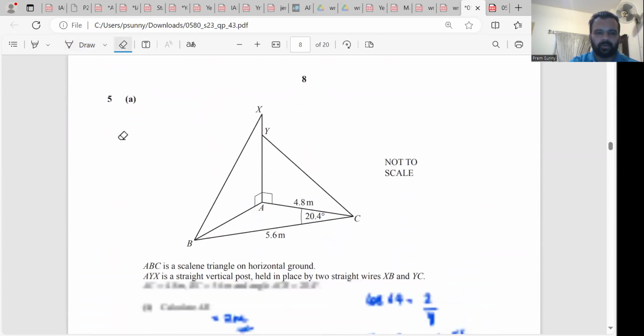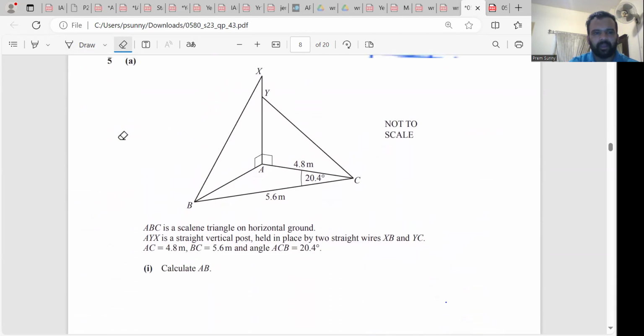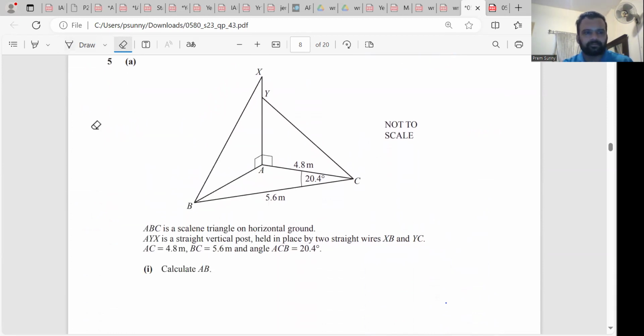Now moving on to question number 5A. ABC is a scalene triangle on horizontal ground, which means all the sides are of different length.